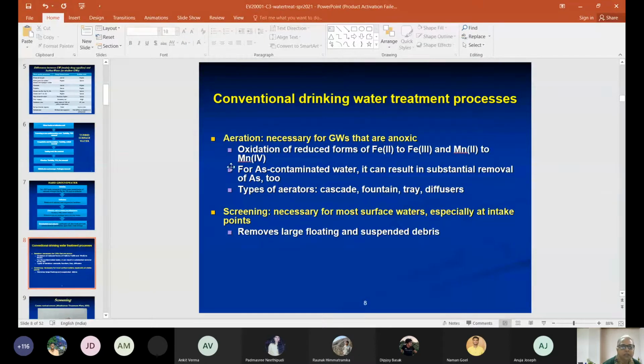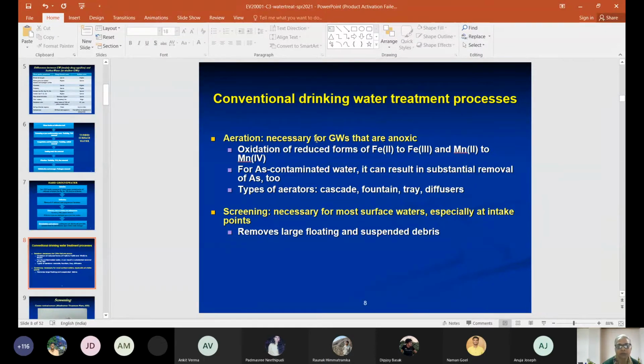Same thing for arsenic contaminated water. It can be removed because it will precipitate. There is something called co-precipitation of iron and arsenic, and just like they are found in nature together, when they are present in water, they will co-precipitate together. So that's one of the most effective methods that people have found for removing arsenic.